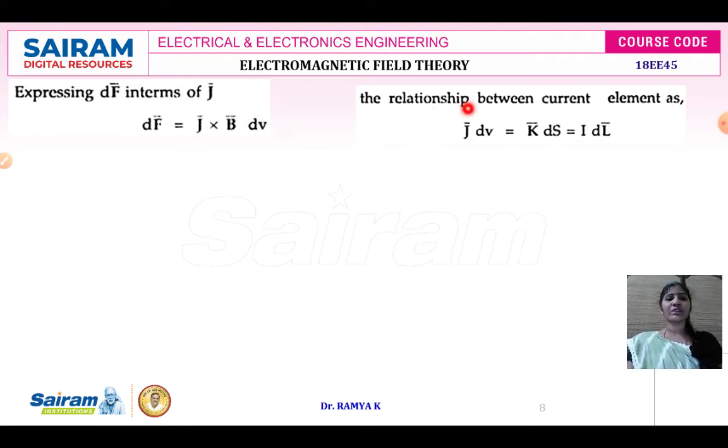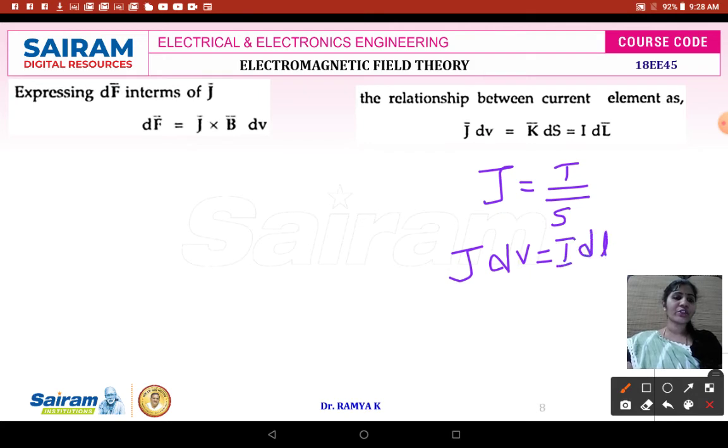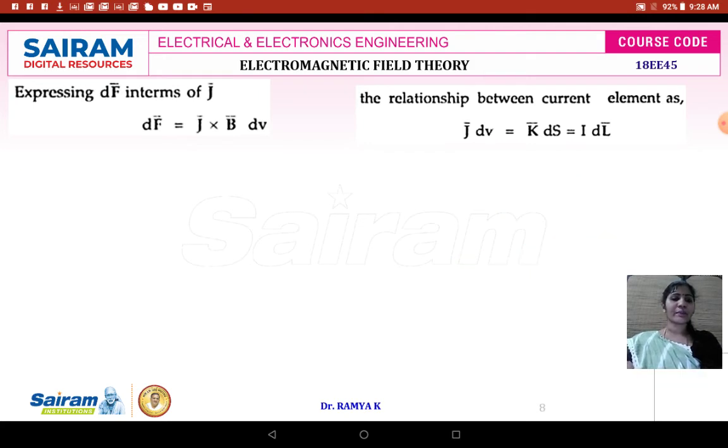We know that the relationship for the current element is given as J into dv is equal to K into ds. This is nothing but J is equal to I divided by S, where you can write K as I into dl. Here J into dv is equal to I into dl. It is going to be your current element.